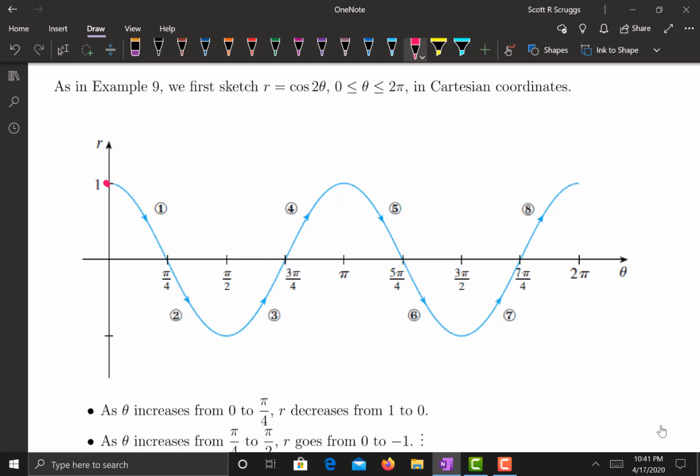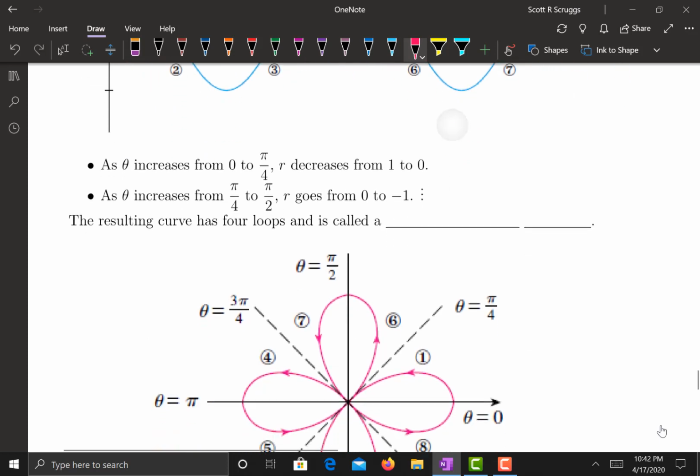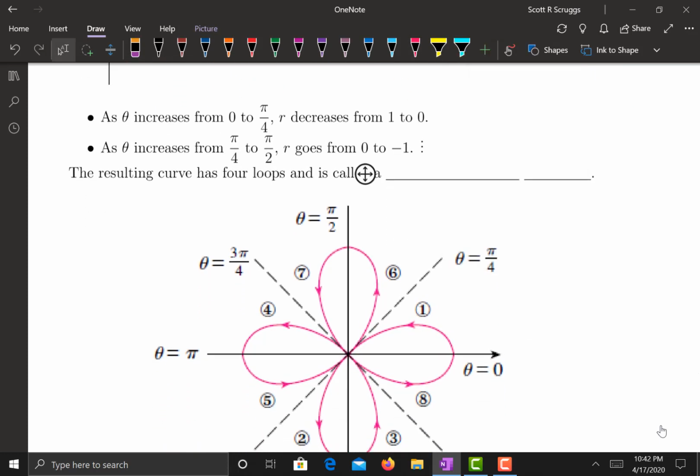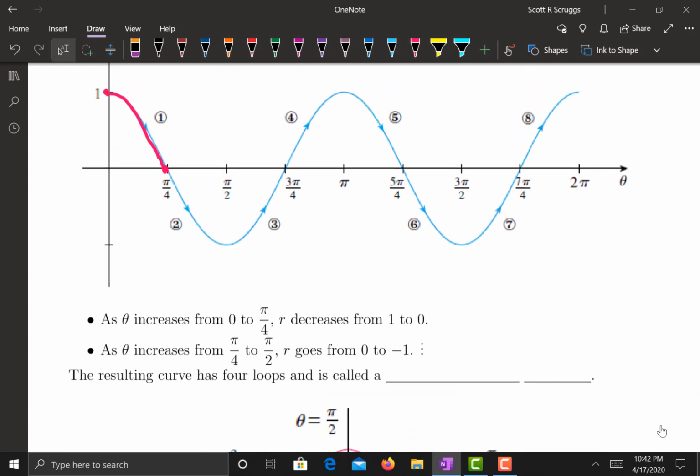So if I go from 0 to pi over 4, I decrease from 1 to 0. Meaning, starting at 1, I hit the pole. So that's going to be curve 1. If I go from pi over 4 to pi over 2, I'm going to decrease from 0 to -1.